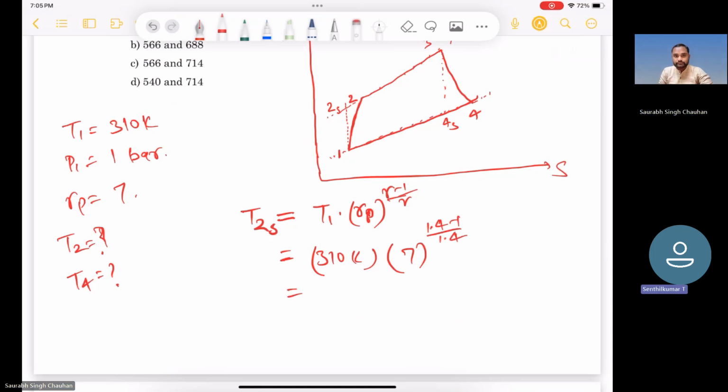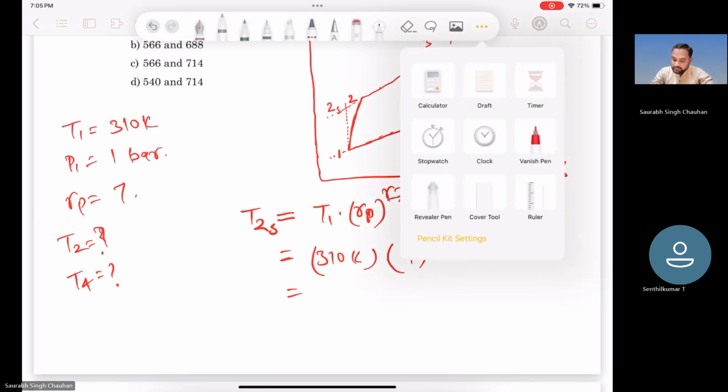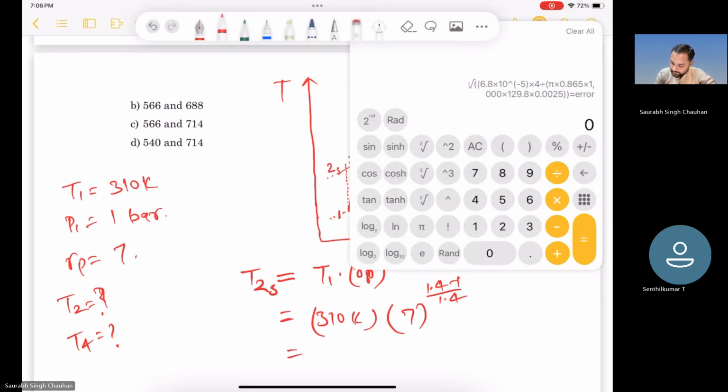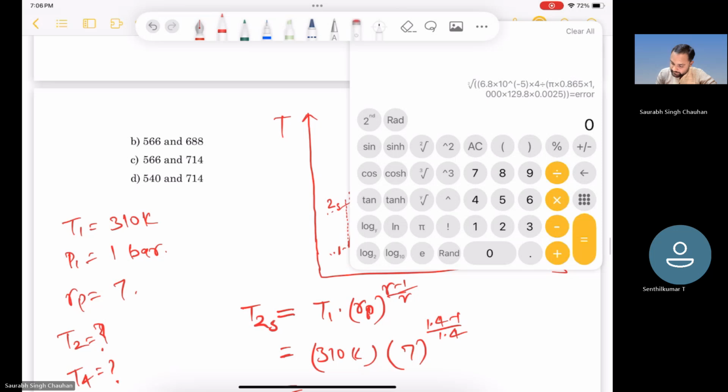Let me use the calculator. 7 to the power 0.4 divided by 1.4.